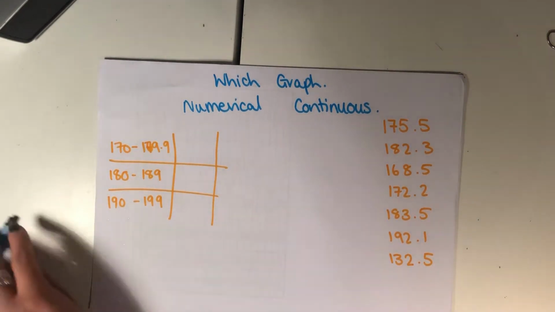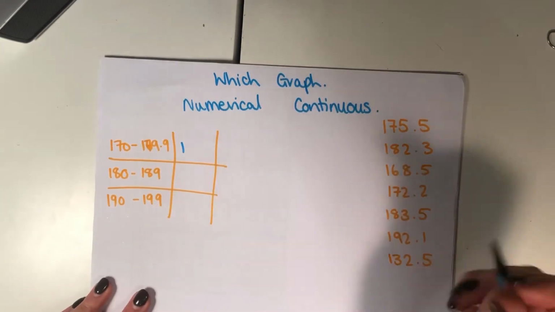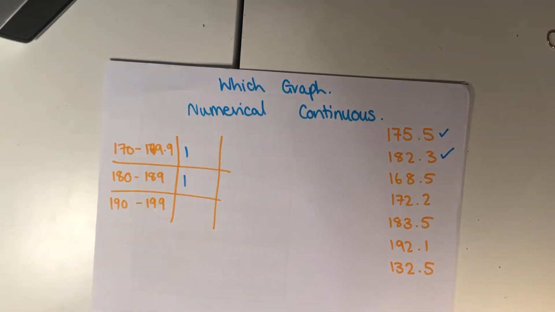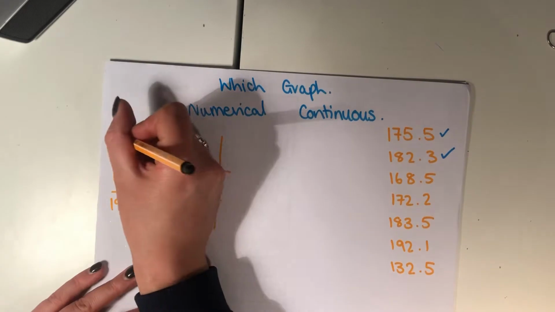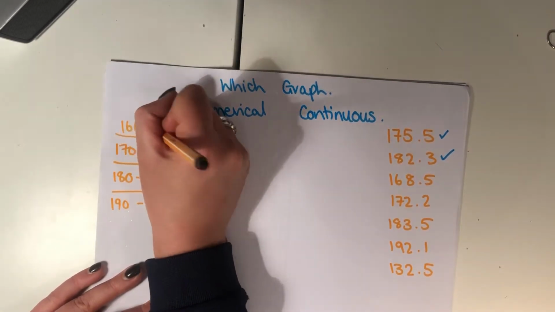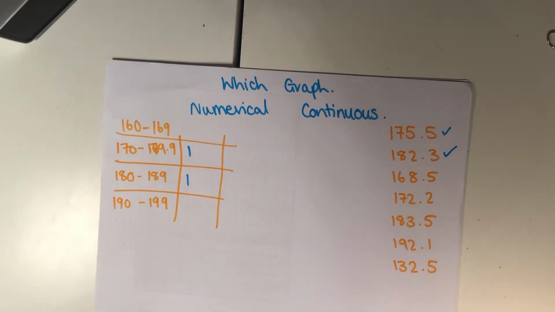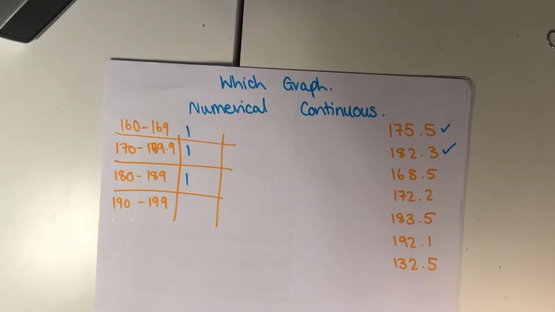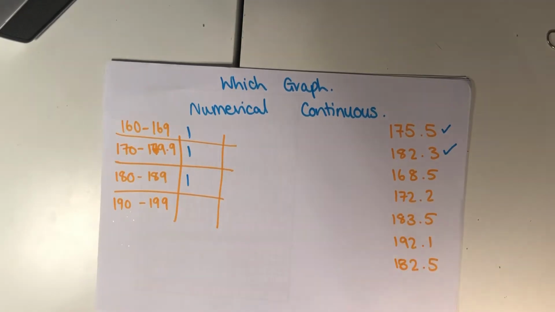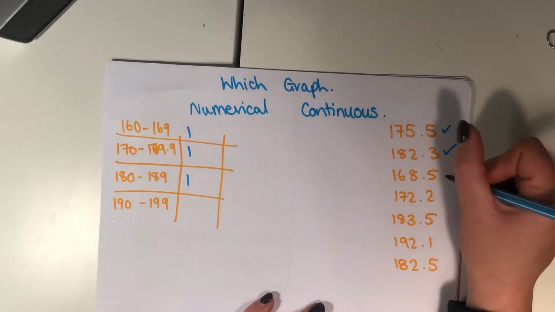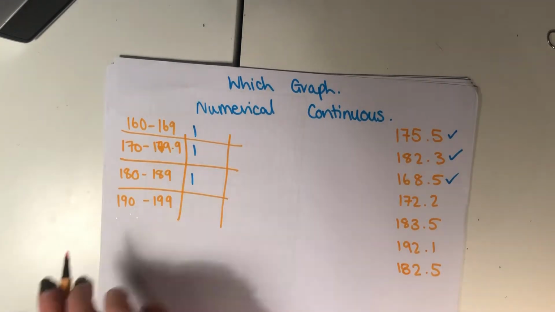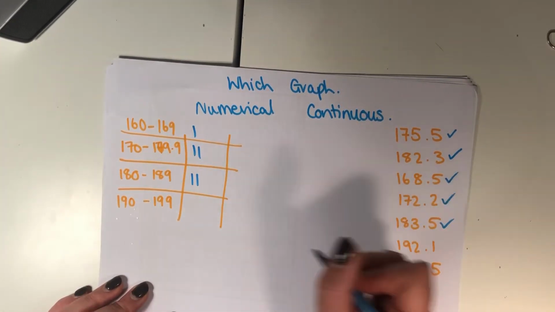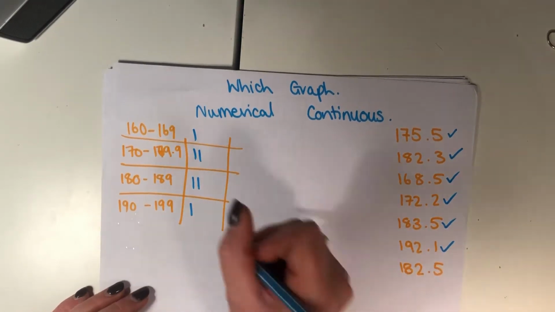So now I'm looking at 175. I'm going to put that in there. 182 in there, dealt with that. 168, I didn't make my bin small enough, so I'm just going to add another one on top: 160 to 169, and that's fine. 168.5, I've dealt with that. 172.2 goes in there. 183.5, 192, and 182.5.